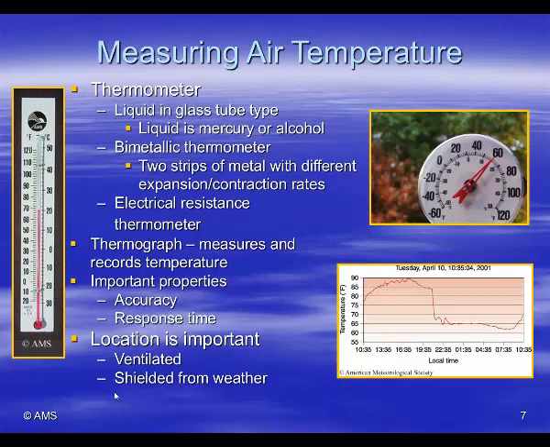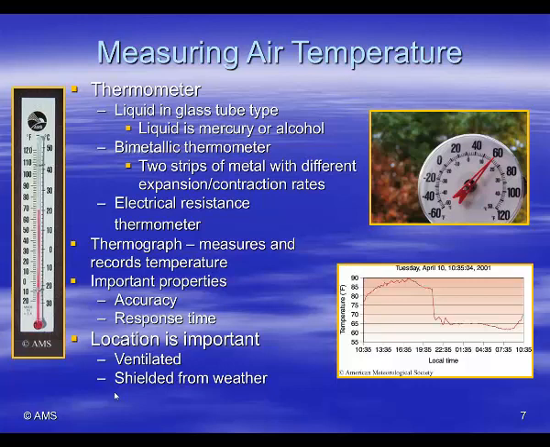A thermograph just measures and records temperature according to time. The important properties are the accuracy and response time. So for example, the mercury thermometer doesn't react very quickly. Right?